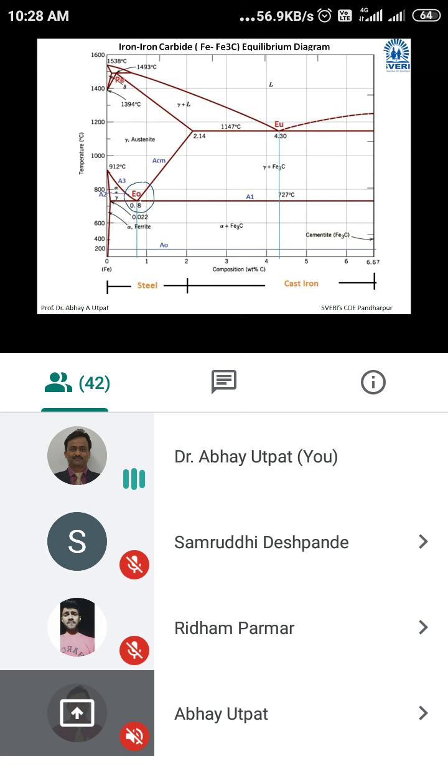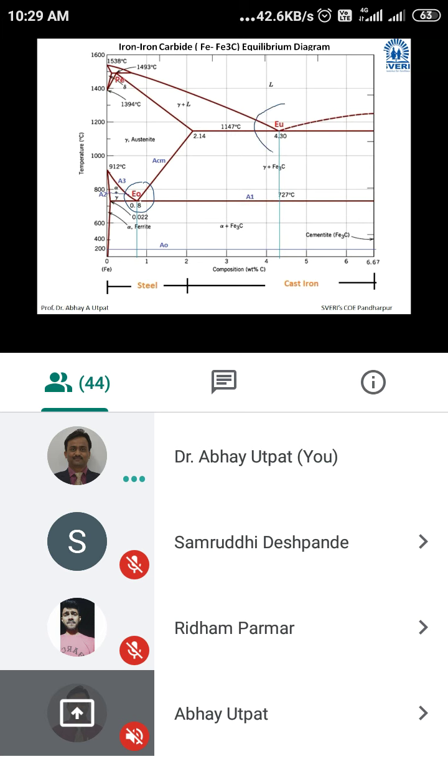What is written? EO. It is short form I have used. It is eutectoid. Write the spelling in notebook. E U T E C T O I D. Pronunciation is eutectoid. Now this eutectoid reaction takes place at 727 degrees Celsius for 0.8 percentage of carbon.